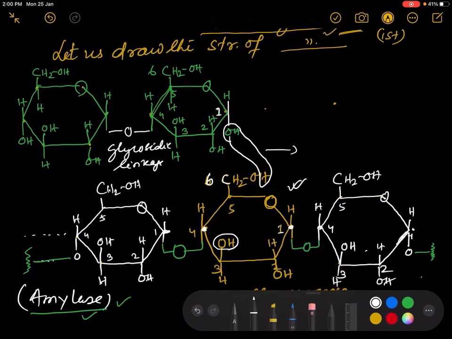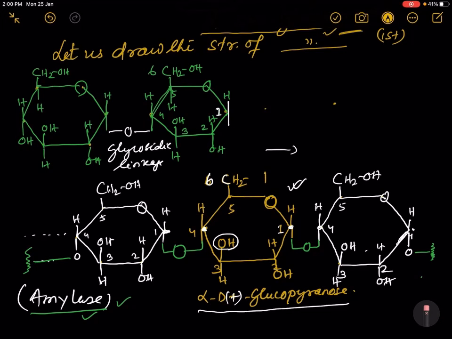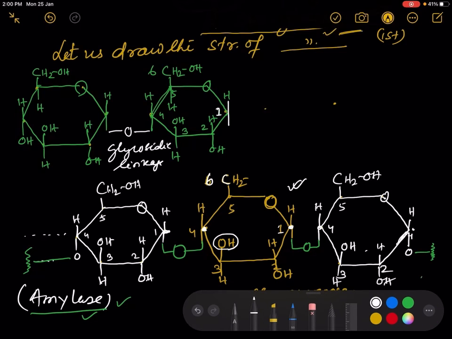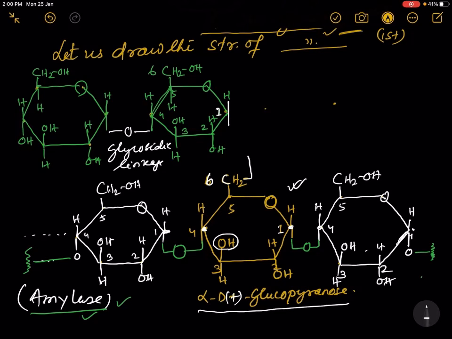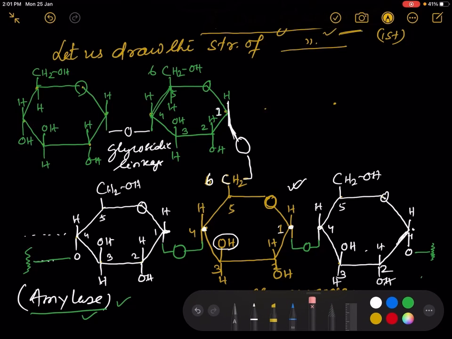After removing, a glycosidic linkage is formed. You see, we have to rub this part to make a glycosidic linkage. So this O part will be connected like this. Let me draw again.